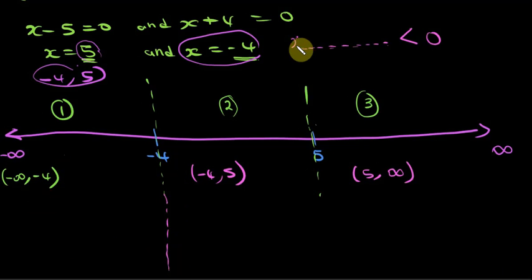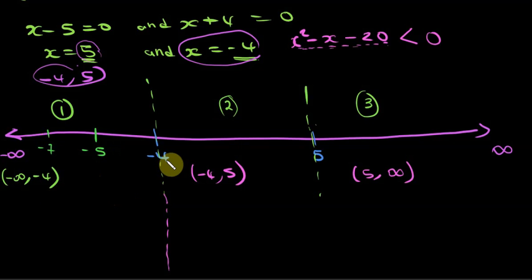We have x squared minus x minus 20. In the first region, let's say minus 5 or minus 7. You can pick any of these points to test in this region.